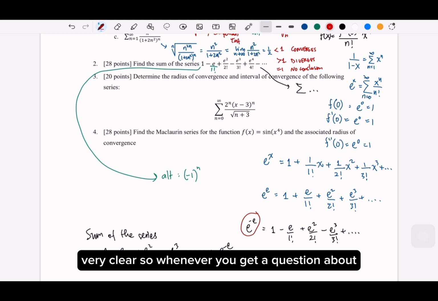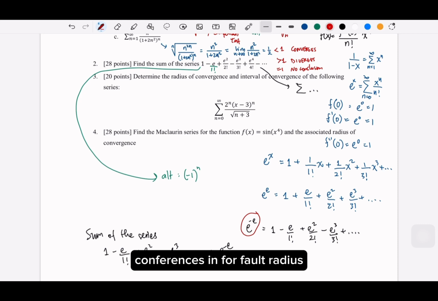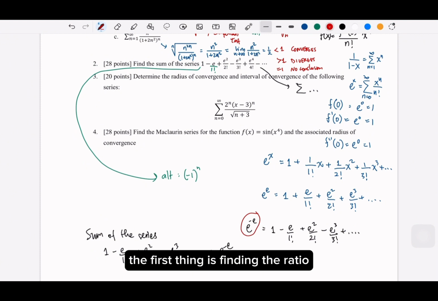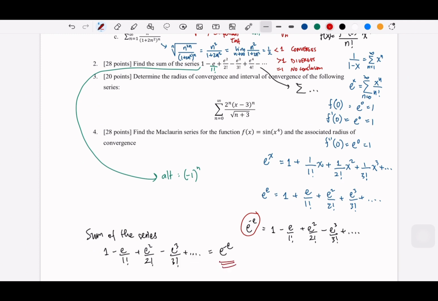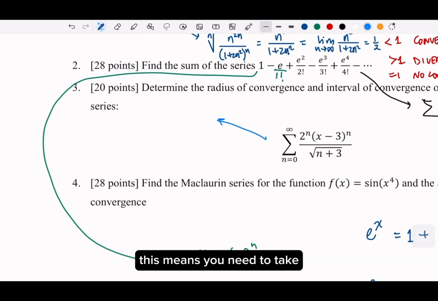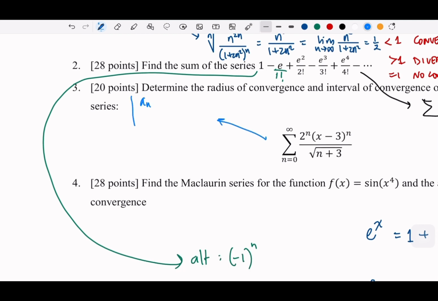So whenever you get a question about convergence, interval, radius, the first thing is finding the ratio. Finding the ratio means you need to take finding that.